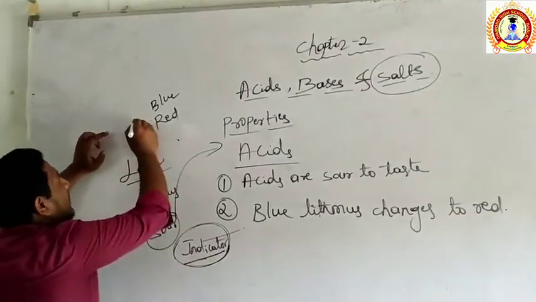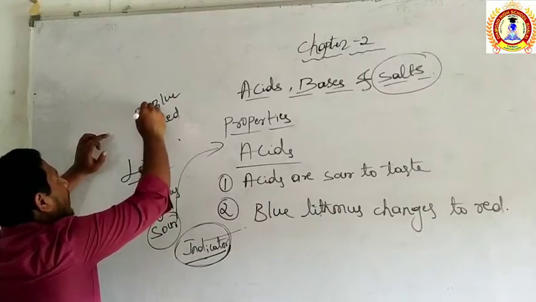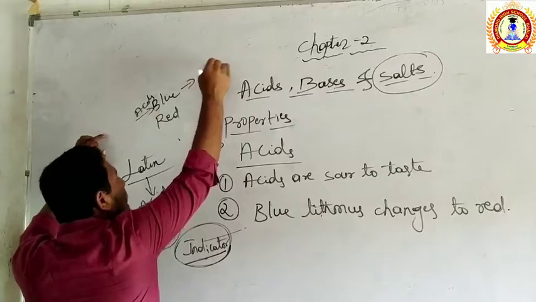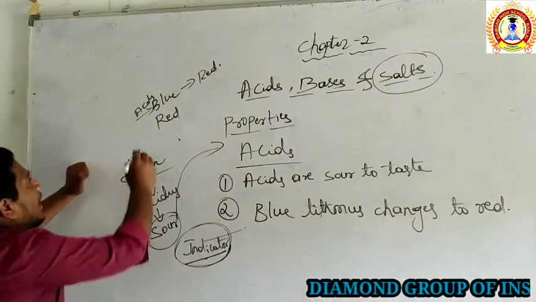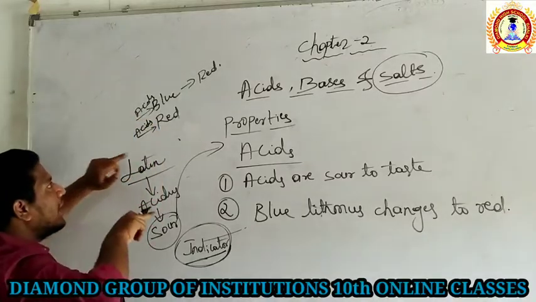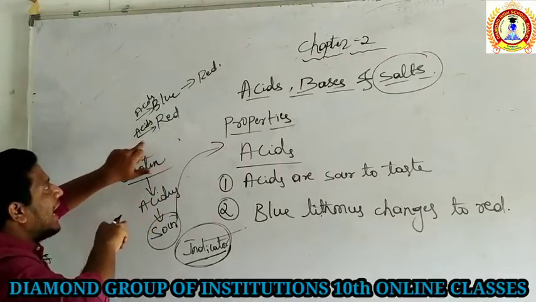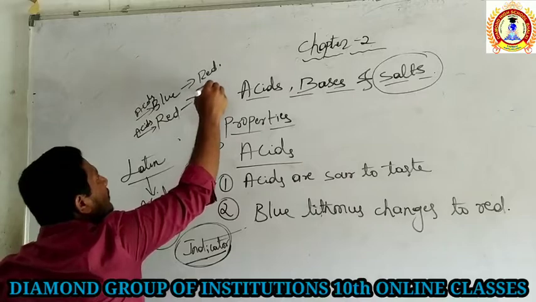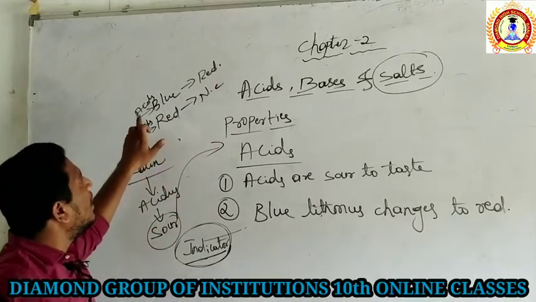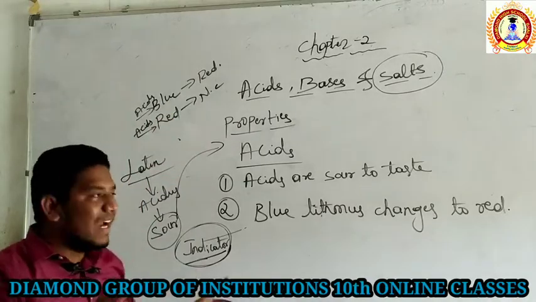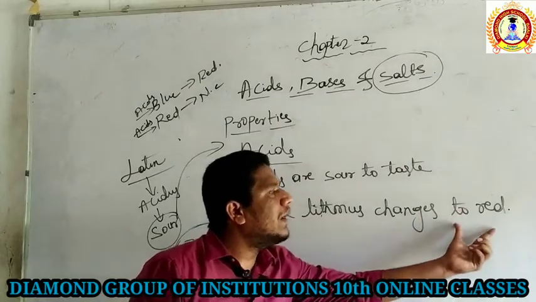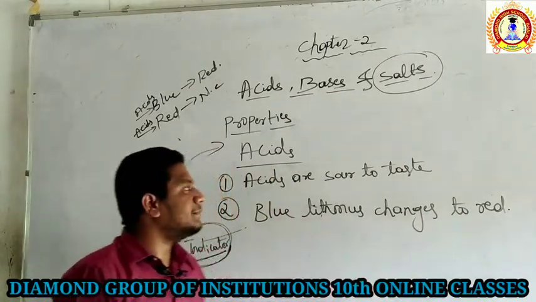If you add acids to blue litmus, the blue litmus will change to red. Then what about red litmus? If you dip red litmus in acids, there is no change. Only the blue litmus will change to red. That is the second property of acids. The blue litmus paper will change to red when it is dipped in acids.